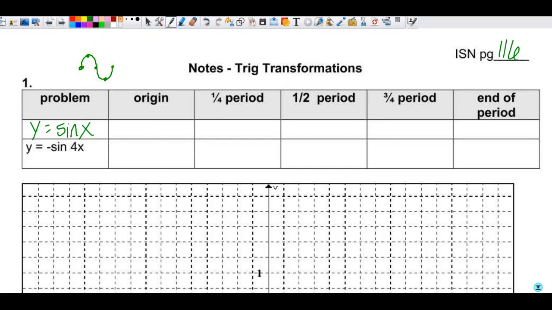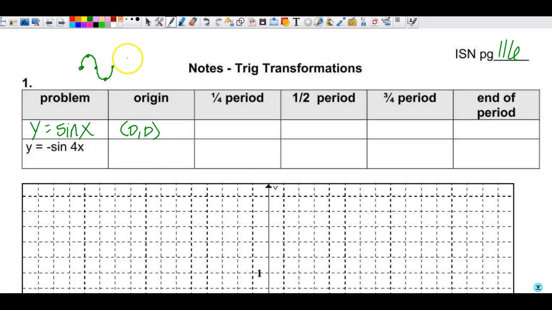So we know that the normal period for sine of x is 2 pi. And when you graph in the parent function, this is really starting here at 0, 0. So at the origin, our point is, okay, the other bad thing about this pen is it's hard to make curves sometimes. There we go. 0, 0. And then the period is 2 pi, and we're going to end up here.